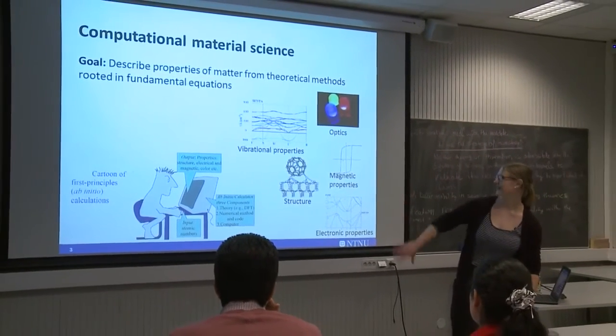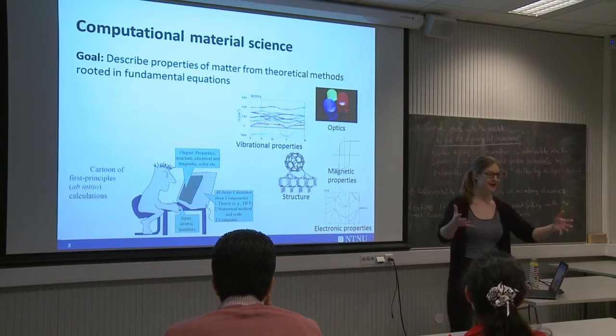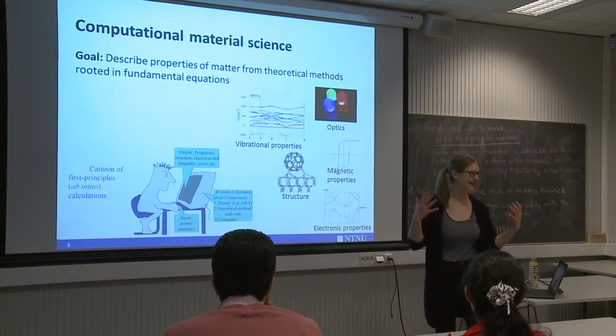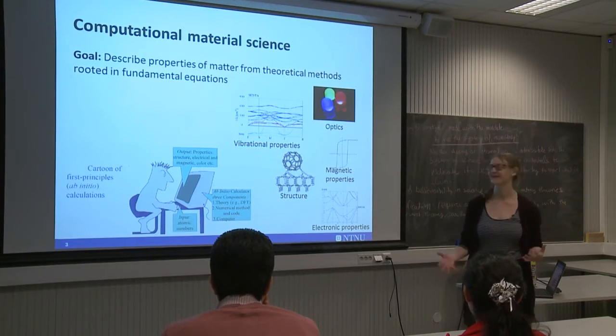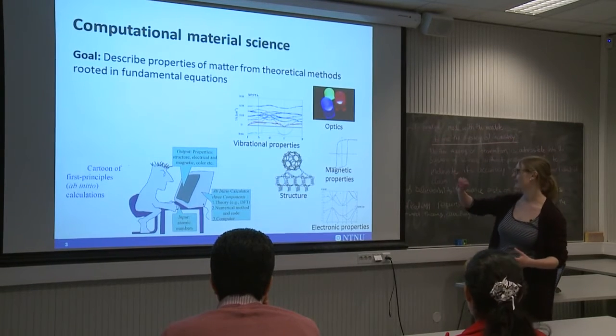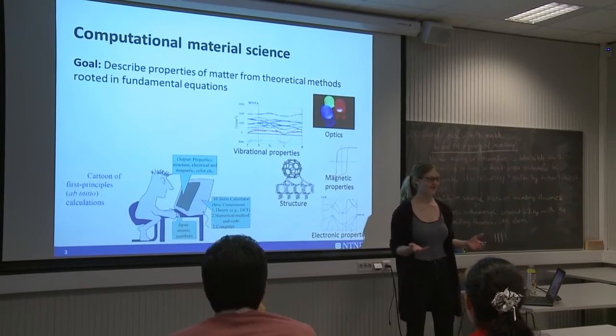So you just set up your experiment and then let the computer apply the theory. And then you get out, or I get out, a lot of nice properties describing my material. So structural properties, vibrational properties, electronic, you name it, you can get it out.